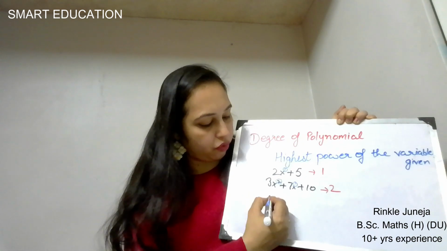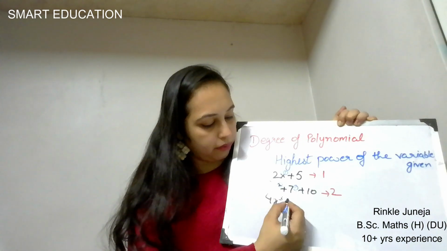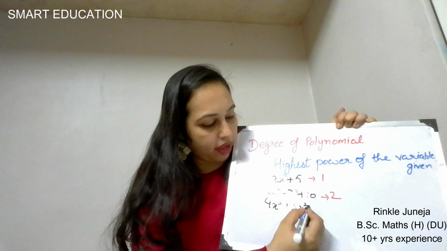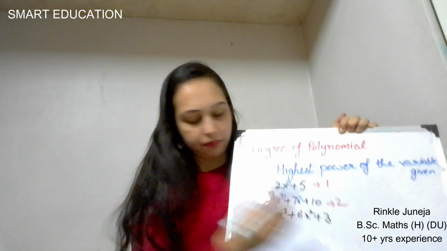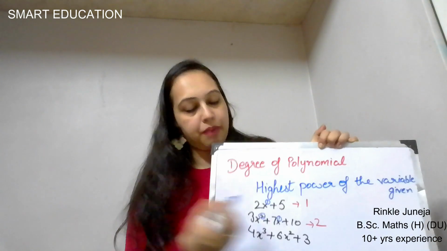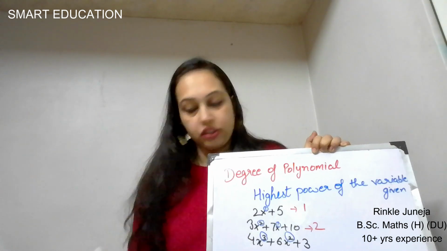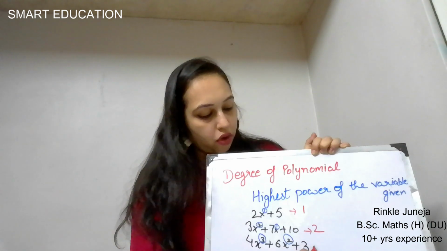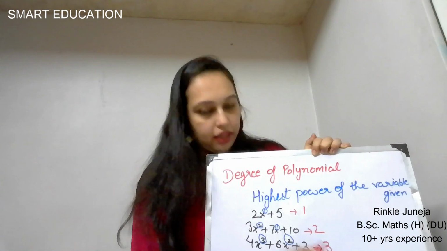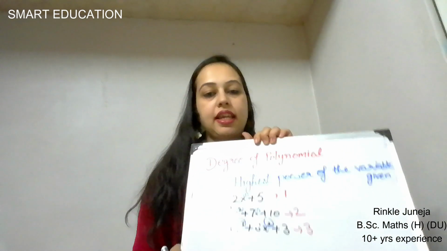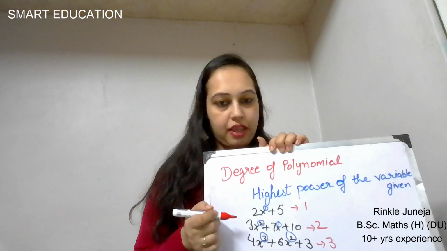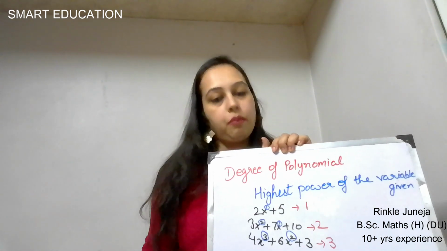For example, 4x cube plus 6x square plus 3. Here, the powers of x are 3 and 2, but the highest is 3. So, degree of this polynomial is 3. See, so whichever is the highest power of the variable, that is the degree of the polynomial.